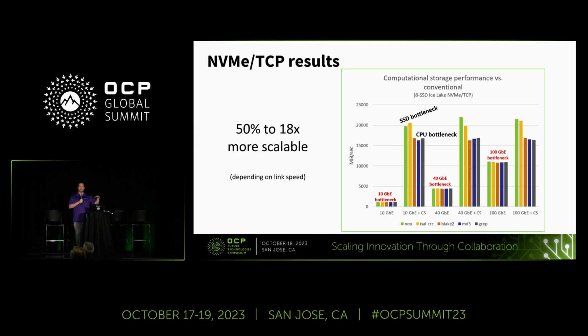So if I remove the networking bottleneck, because there's always a bottleneck, the next bottleneck is the CPU. So beyond the CPU, what's left? The storage device itself. And if I've got a whole bunch of storage devices, my aggregate performance can actually show better overall throughput for the system, because all that work being done by the drive is freeing up the host to go do other things.